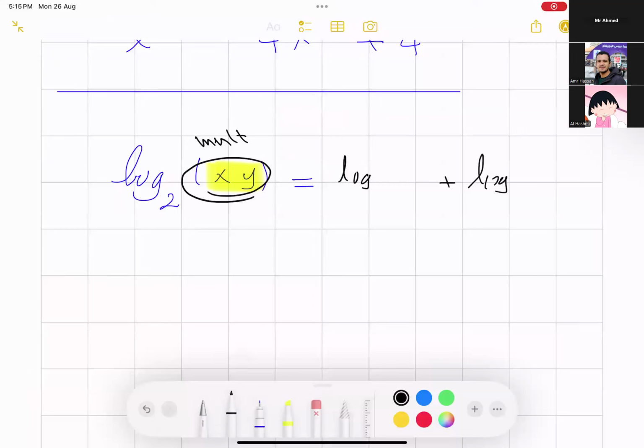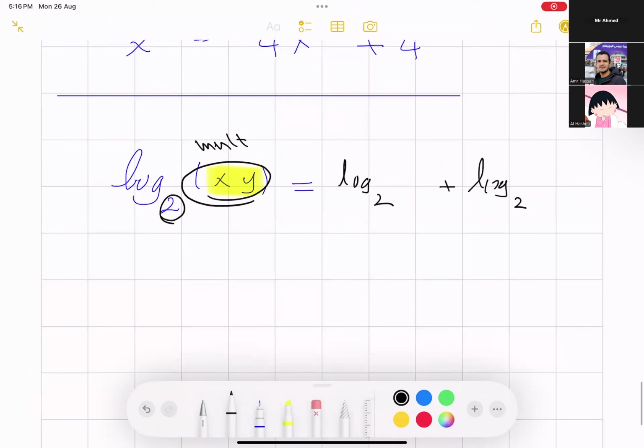Because I told you the last time the multiplying must be turned into addition. And what I want to do is just try to keep the same base. The base is 2. So let me try to write it. Log base 2, right? And this one is kind of distribution. So it's going to be x and y. Did you get it?